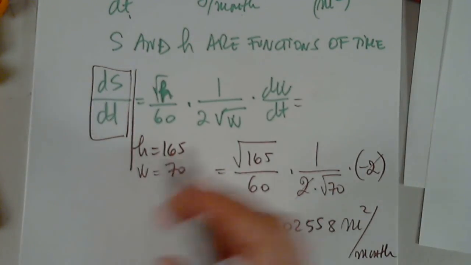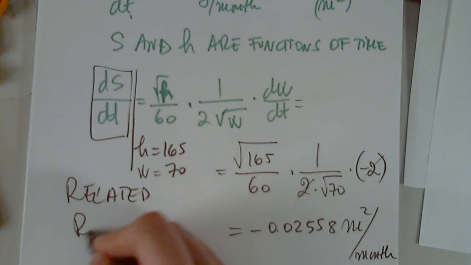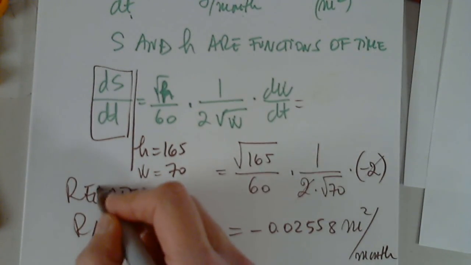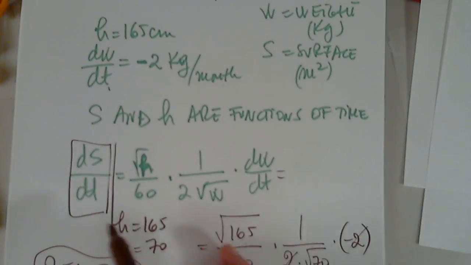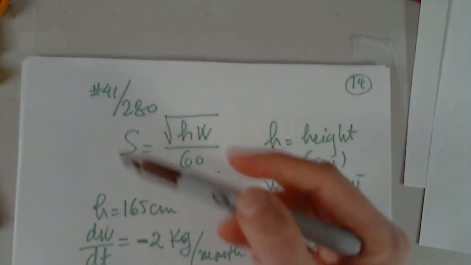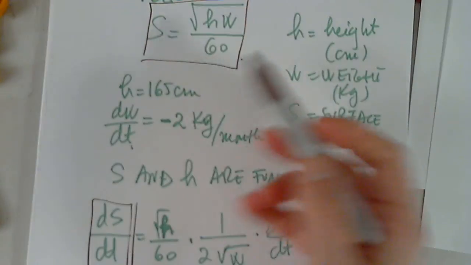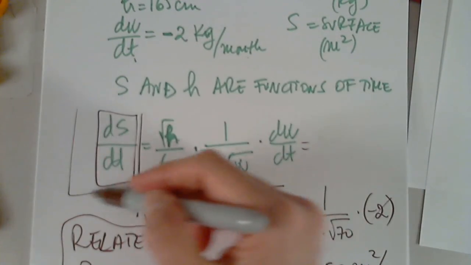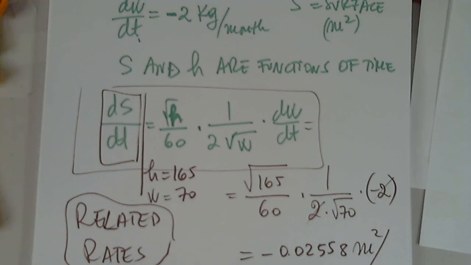So why is all this called related rates? It's because there is an equation that relates the variables to each other, and there is another equation that relates their rates of change.